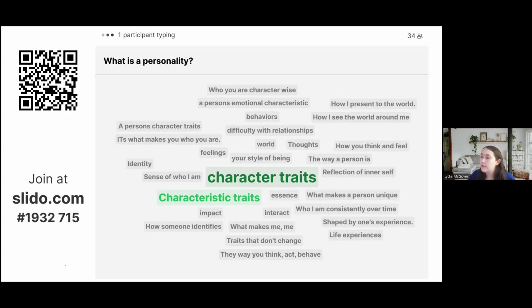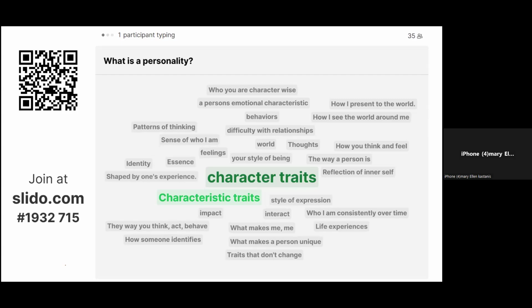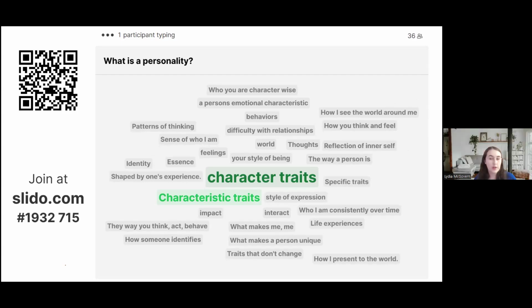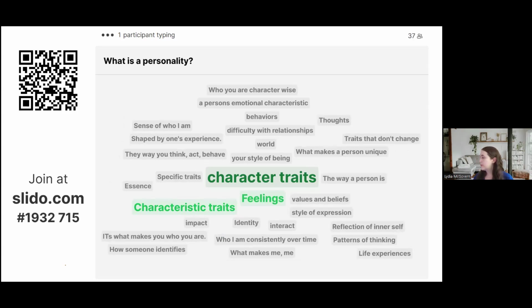Reflection of inner self. Patterns of thinking, difficulties with relationships. Who you are character-wise. What makes a person unique. Reflection of inner self. Values and beliefs is in here as well.